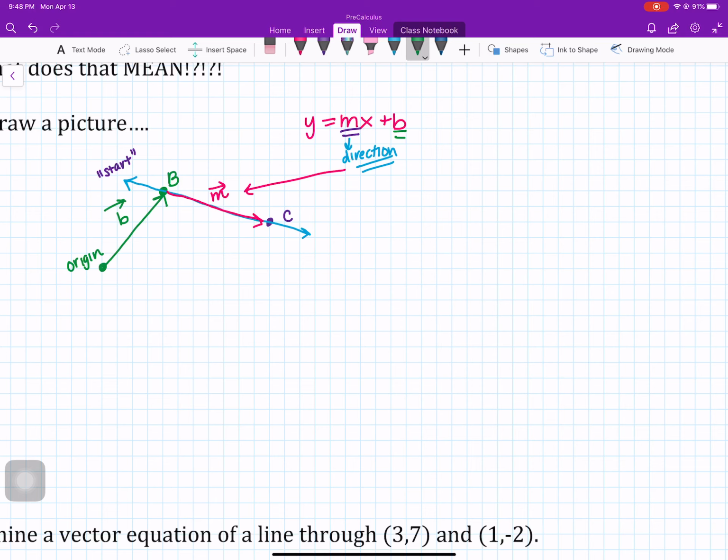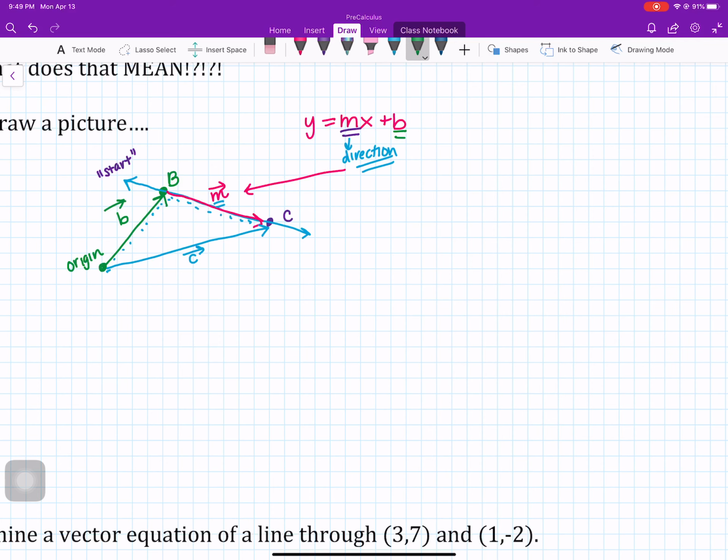So if I have my vector B, starting at my vector B, and then I follow the path of M to get to C, my final vector C would be where I'm ending. And we'll call that just vector C, the position vector of vector C. Now, any version of M will get me any other point on this line.